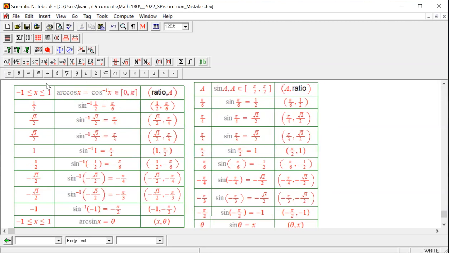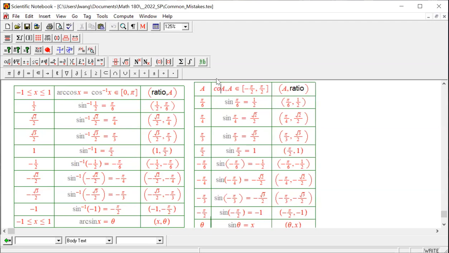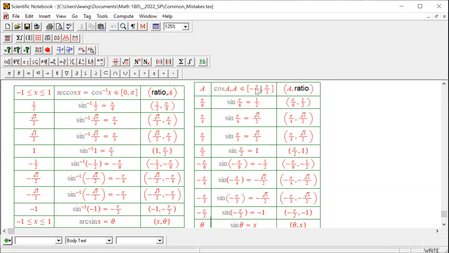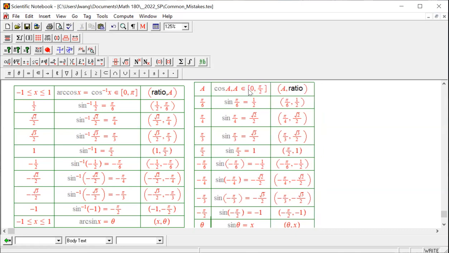Inclusive means that the points at the endpoints are included. So the domain is the same, but the range is from 0 to pi. So this is going to be arc cosine, and I'm changing it one by one. This cosine, its inverse is between 0 to pi.